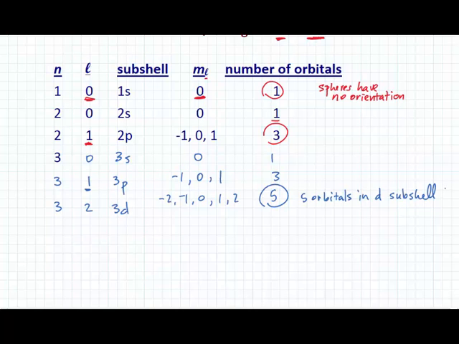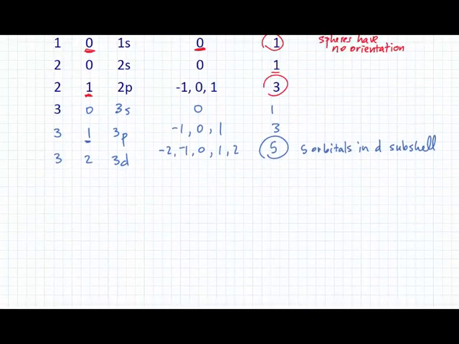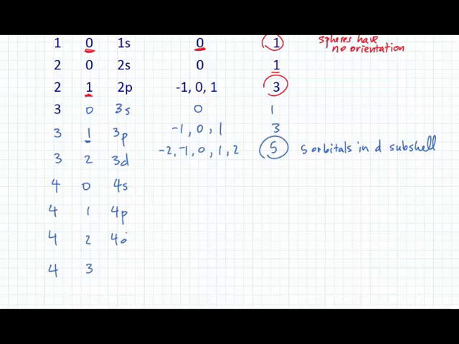I'm going to show you pictures of them here in a second. Let's do the 4s also. 4, 0, 4, 1, 4, 2, and 4, 3. 4s, 4p, 4d, and 4f.